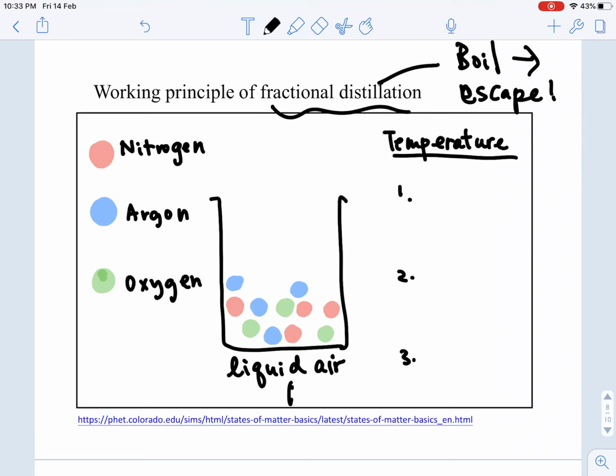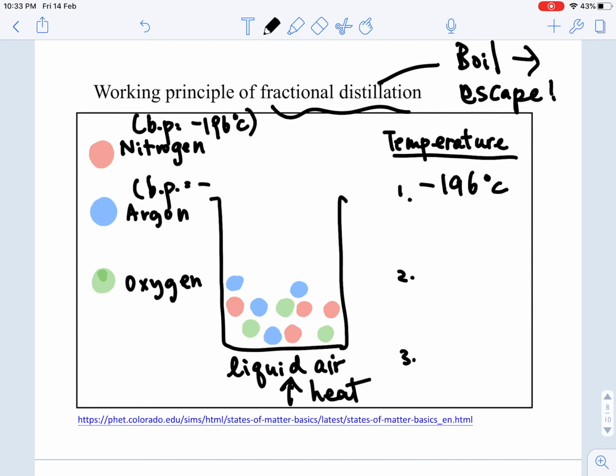Then if I heat it up slowly, the first temperature I use is negative 196 degrees Celsius. I will provide you the boiling points. The boiling point of nitrogen is negative 196, argon is negative 186 degrees Celsius, and oxygen is negative 183 degrees Celsius.